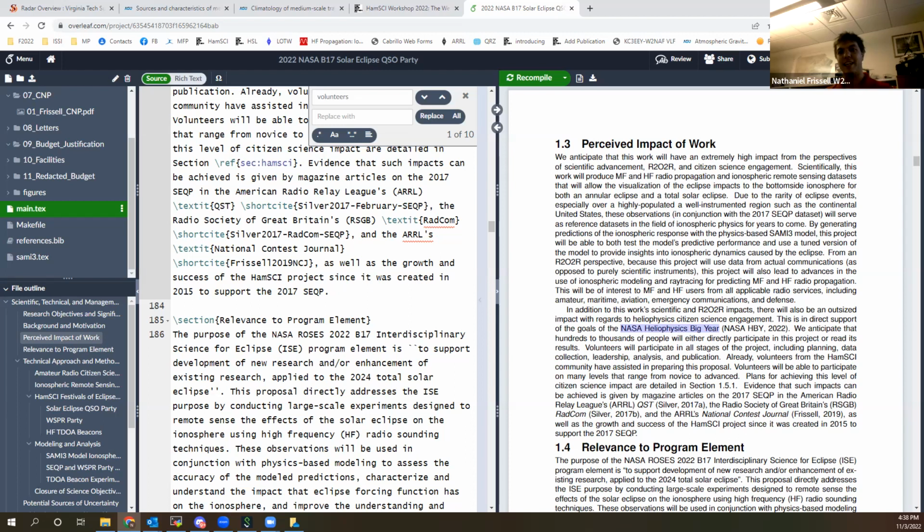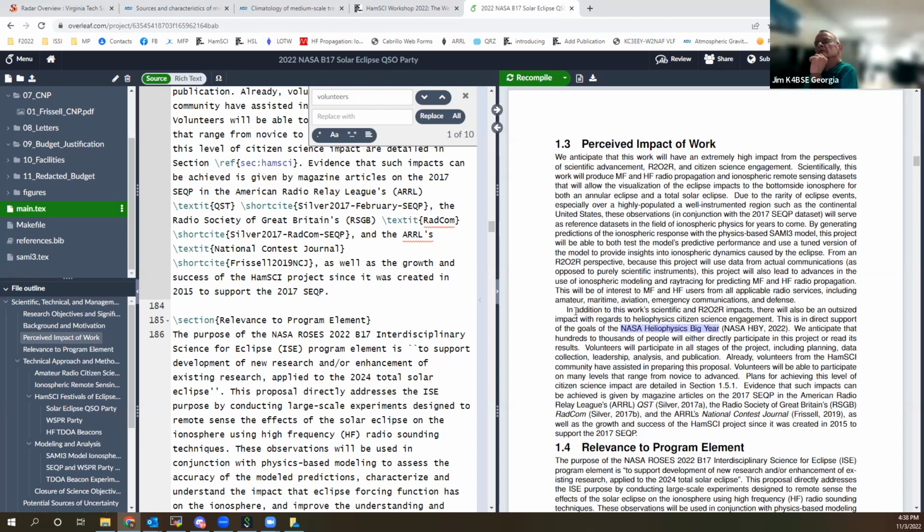So not just data collection, but also creation of experiments, doing some of the science, doing the publication. The point I'm trying to drive home is that it's not just me, the PI, writing this. I've gone to the volunteers and we have discussed this together. This really is a citizen science proposal. That's why the sentence is in there.